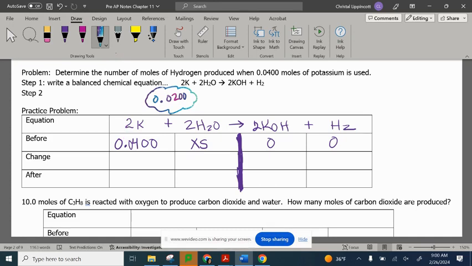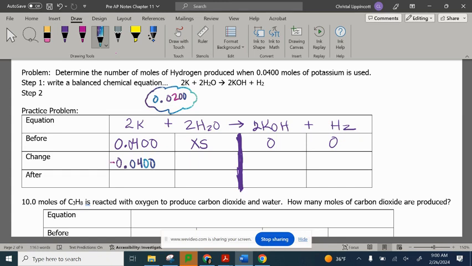All right, now I've got to come down out of my cloud. When I come down out of the cloud, what math procedure do I do? Multiply. So for this first one, I'm going to take 0.02 times 2. That's going to be 0.0400. Now, am I using this stuff up or am I making more of this stuff?